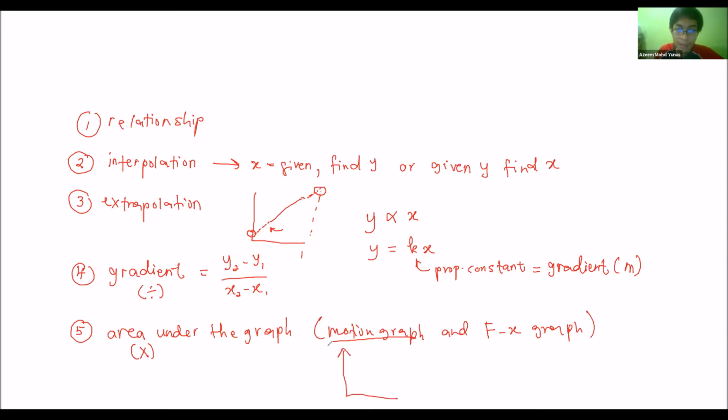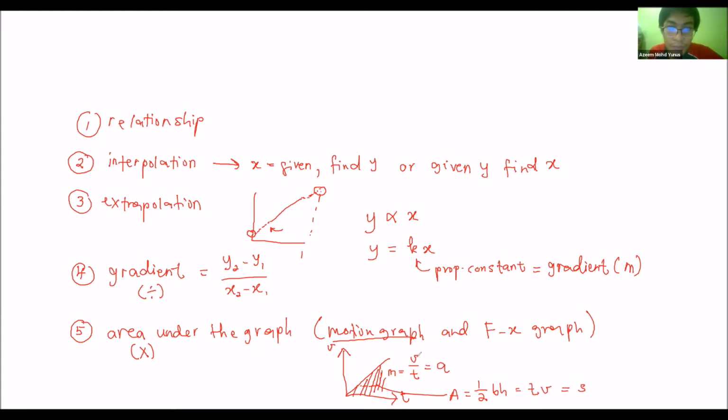As we can see from motion, for example, in a velocity-time graph, the gradient of the graph, v divided by t, is actually acceleration, whereas the area under the graph, which is base times height, where the base is time and the height is v, v times t, is displacement.